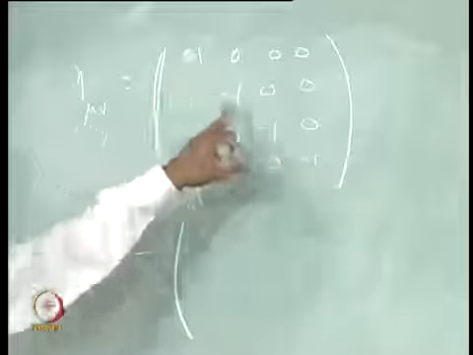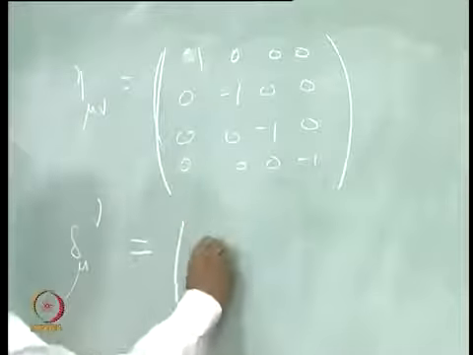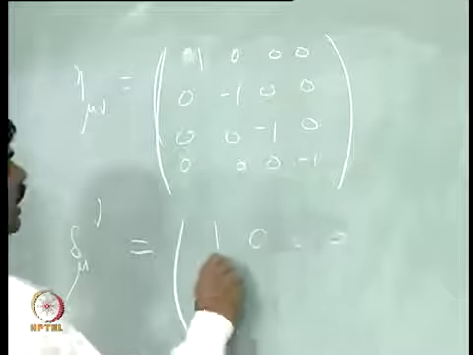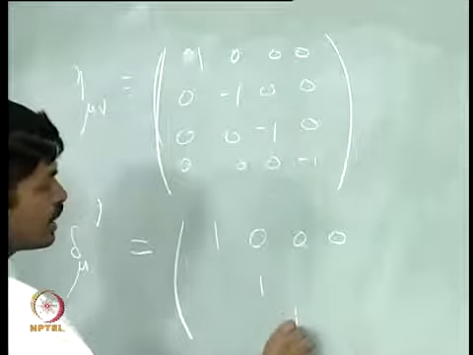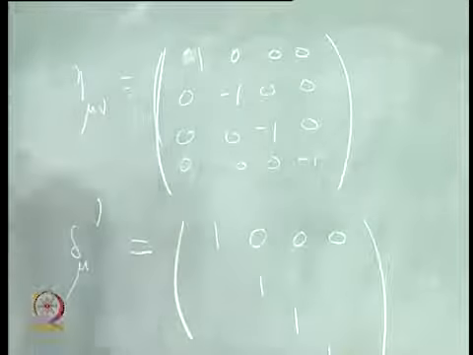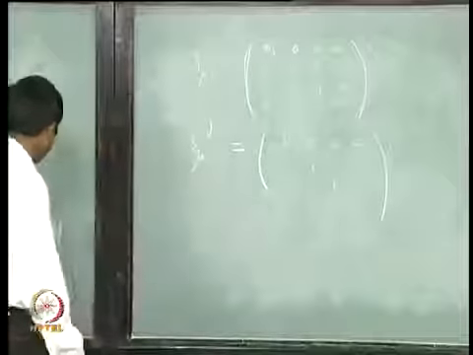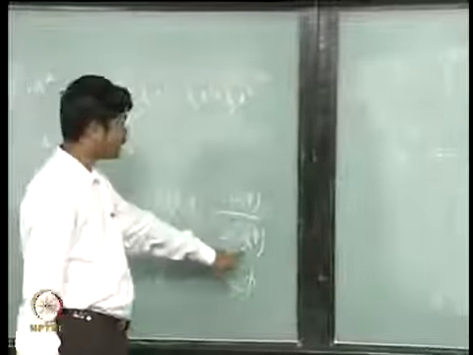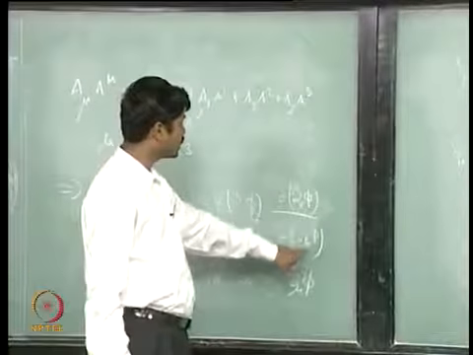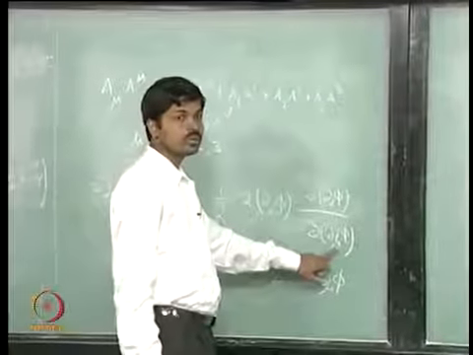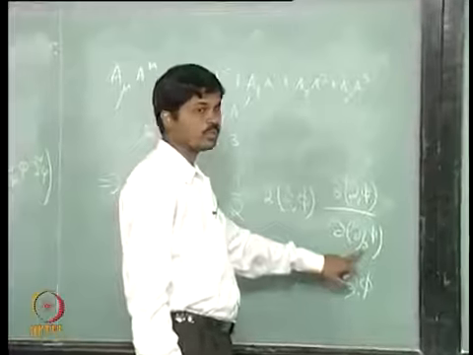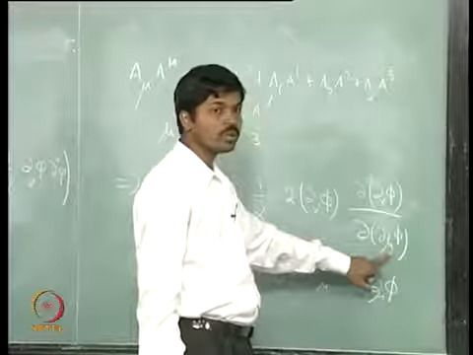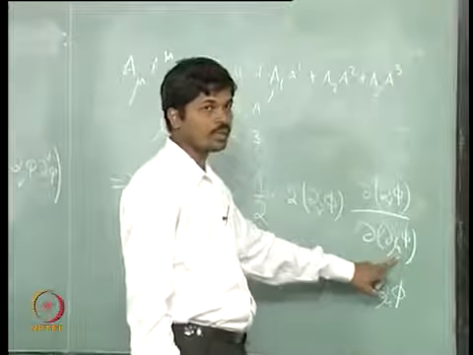Instead of 1 and minus 1, this is just 1, 0, 0, 0 and so on. All diagonal elements are 1 and all off diagonal elements are 0. Now, if mu is not equal to nu, this will just give you a 0. If mu is equal to nu, this is 1.